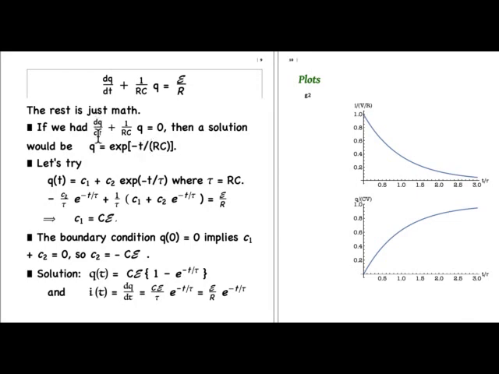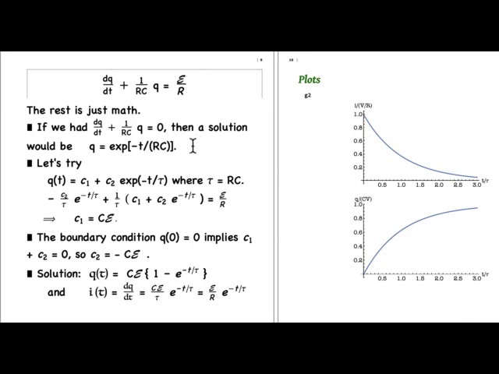So dQ/dt would be minus 1 over RC times the exponential back again, which is Q. So I'd have minus 1 over RC times Q, and here I have plus 1 over RC times Q, so they'd add up to 0. So this would be the solution if E were equal to 0.